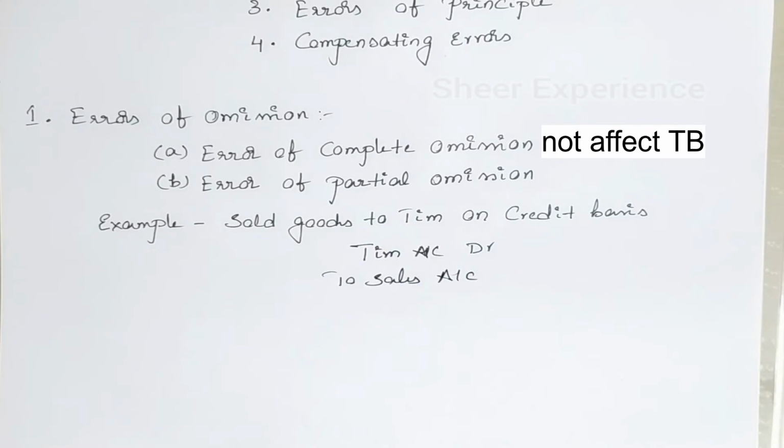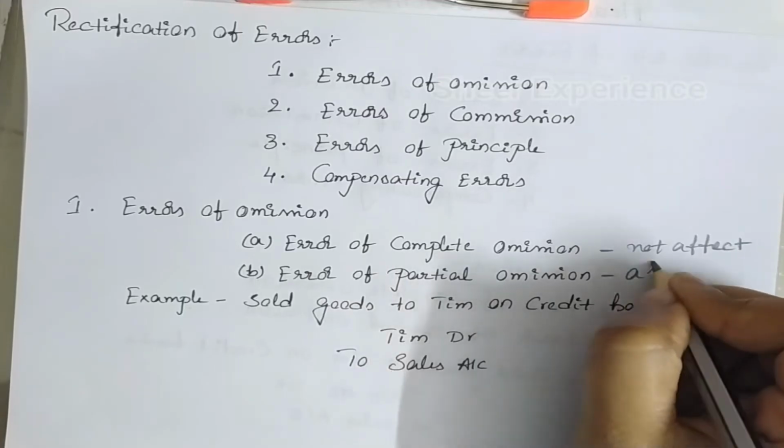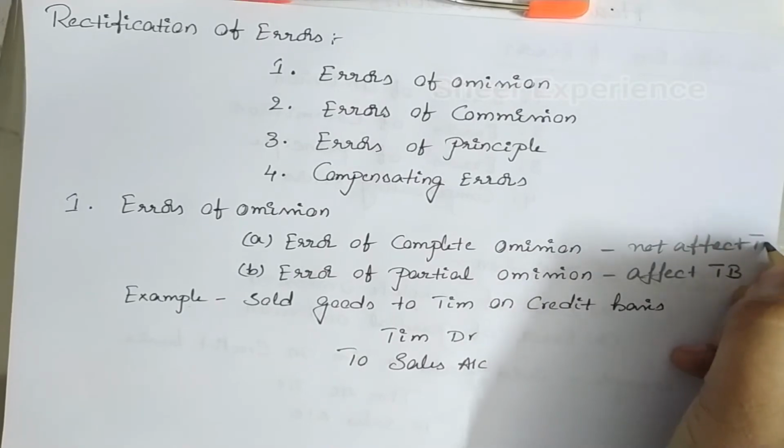Here we have sold goods to Tim, so the journal will be Tim account debtor to sales account. Here we have updated the sales amount in the sales book, but we forgot to update it in Tim account. So this type of error is called error of partial omission. This error will affect trial balance.